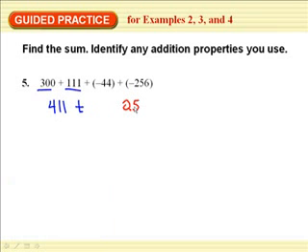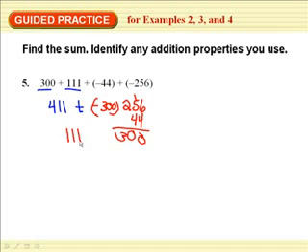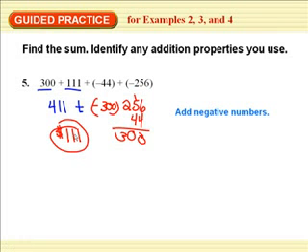So 256 plus 44. That's 300, so plus negative 300. So we just subtract. 400 minus 300 is 100. So we have $111, and it would be positive, and I should have written that in black to show that one comes out positive.